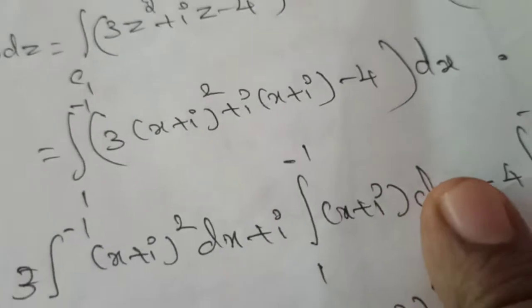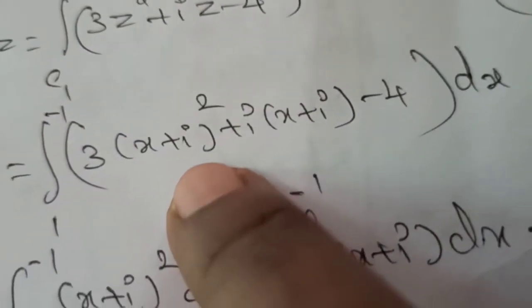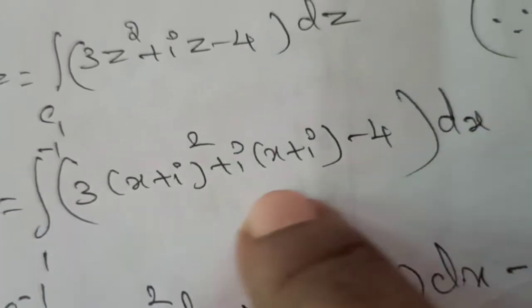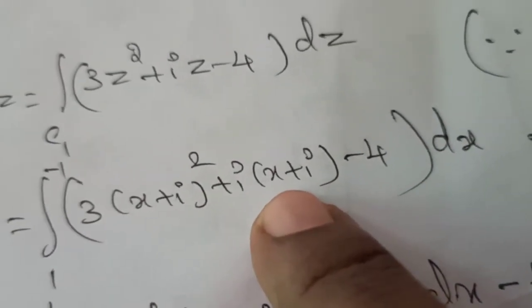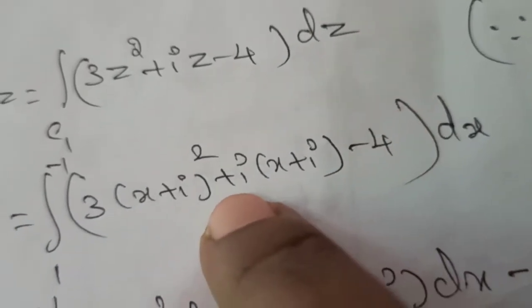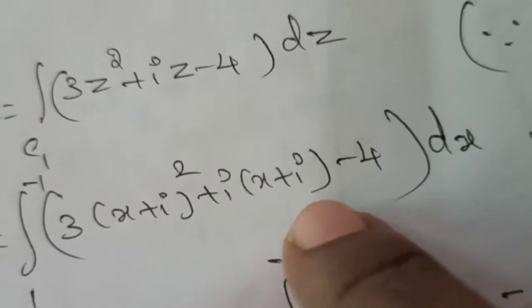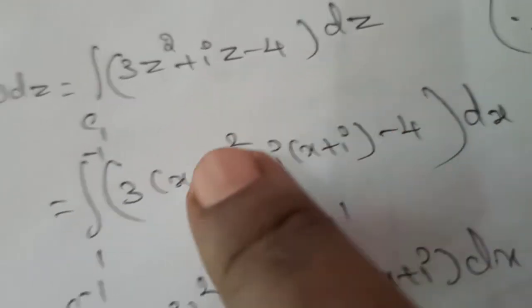Before substituting the limits, in this equation all the terms have only the x variable, not the y variable or the z variable. So we need only the x limits along C1.